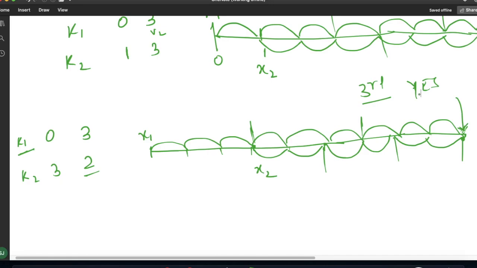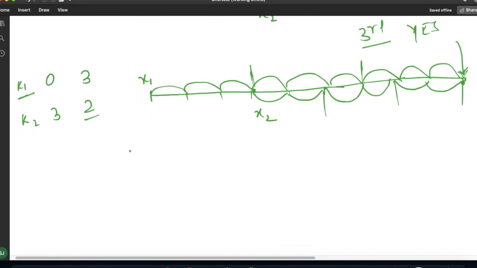So the approach is: while x1 is less than x2, we'll simply move forward. That means we'll update x1 by initial x1 plus the jumping distance v1, and x2 equal to initial x2 plus v2.